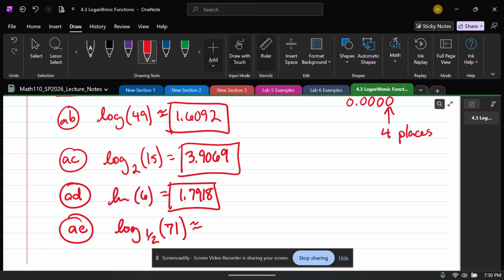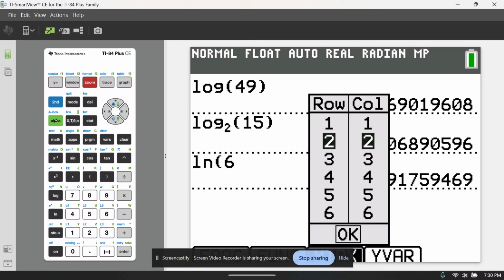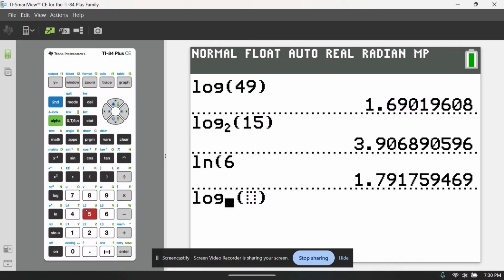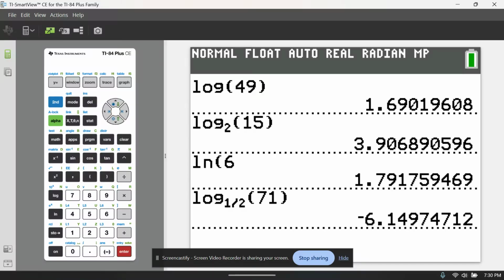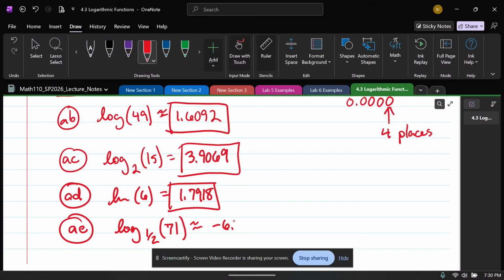What is that approximately? So how do we put in a log base 1/2? Alpha window, option 5. Put in the 1/2. You can just do 1 divided by 2. You don't have to do the fraction button there. And then 71 goes in the other box. Crank it out. Hit enter. Negative 6.1497. Okay.